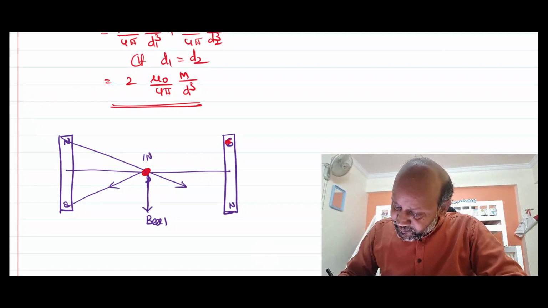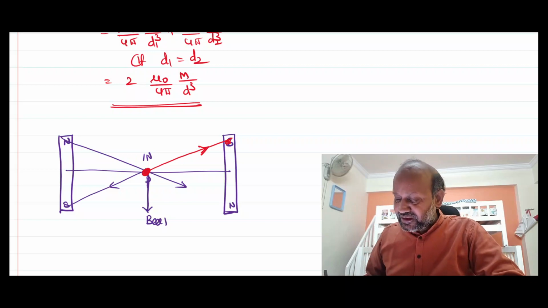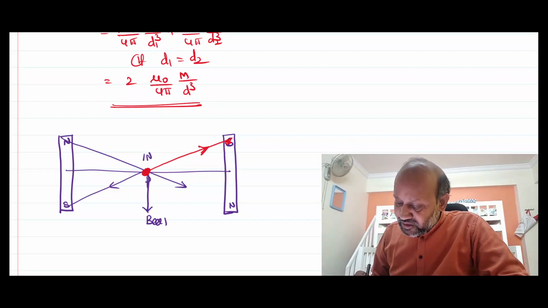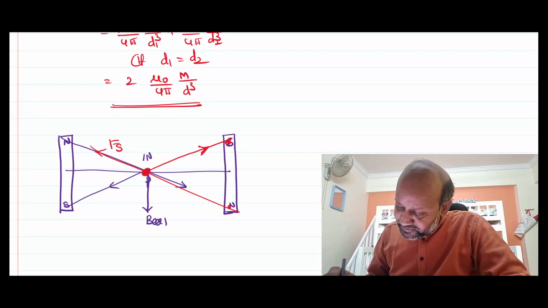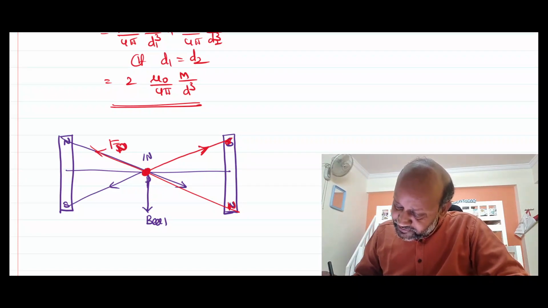This is the direction of the resultant force. South pole attracts it. On this unit north pole, this north pole applies a repulsion. So this is the direction of F north due to the second magnet. This is the direction of F south due to the second.